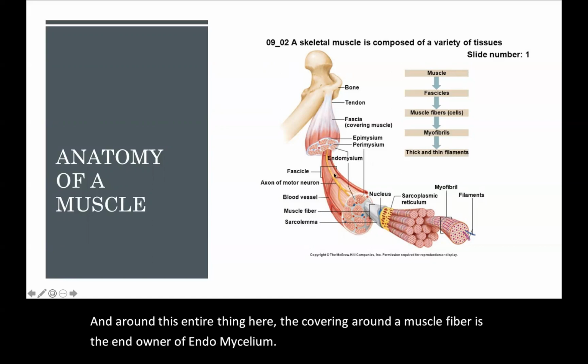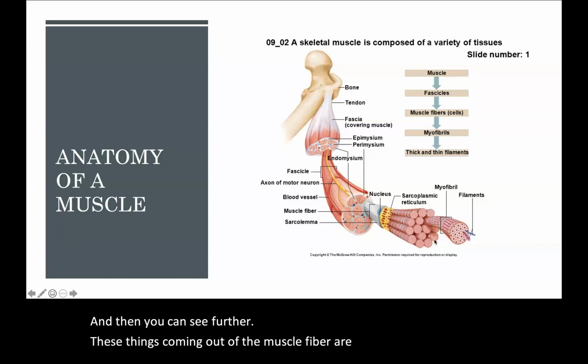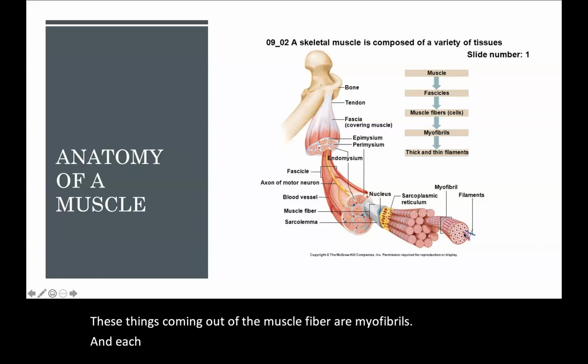And then you can see further these things coming out of the muscle fiber are myofibrils. And each myofibril has a bunch of sarcomeres inside of it.